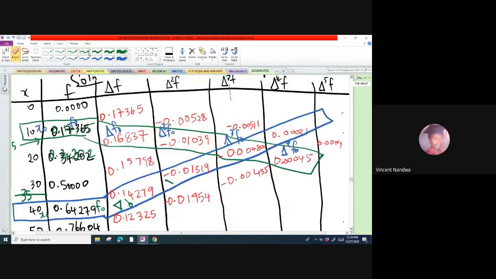So now this becomes the second backward, third, and then this is the fourth backward that we are going to use.